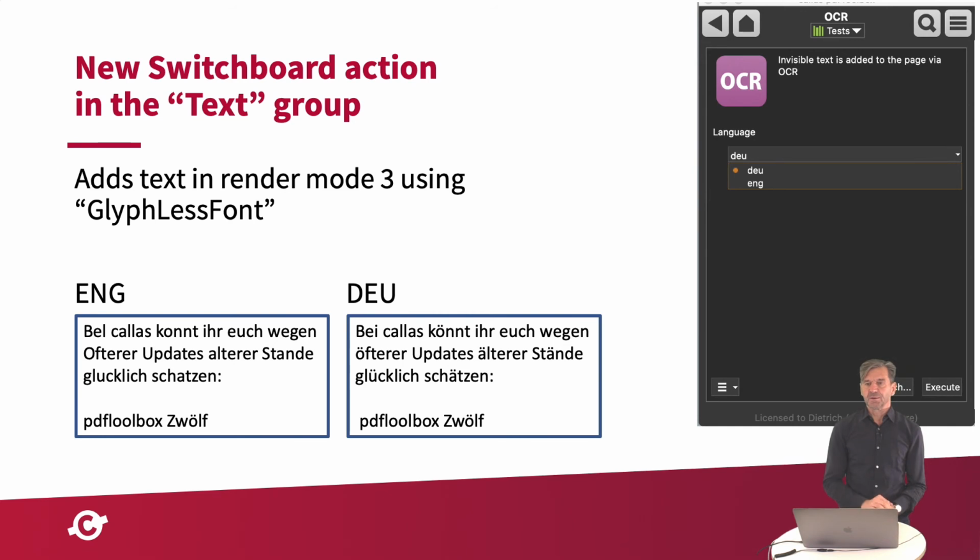However, I've tried it, and what we see here, just to demonstrate that language is important. If I use OCR with an English language setting, I only get one of these umlauts, which is the 12 in pdfToolbox, and all of the others are gone.